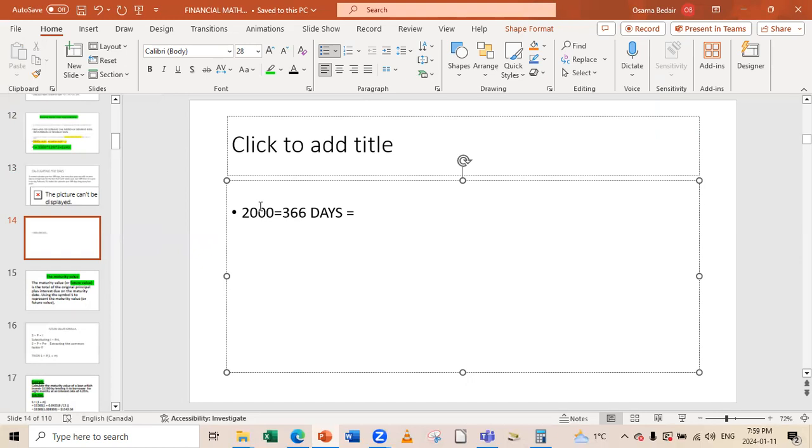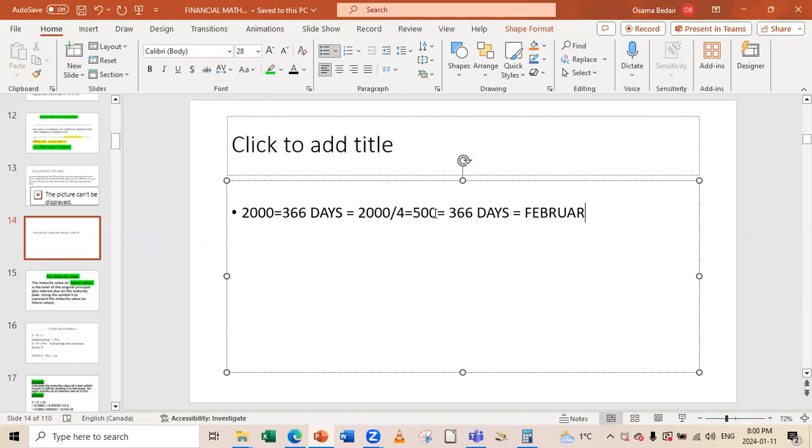Because if I take 2000 and divide it by 4, the 4 seasons, that gives me exactly 500. There is no fraction here, meaning no decimal points. It's exactly a whole number. In that case, this year has 366 days, and February in this year will be 29 days.